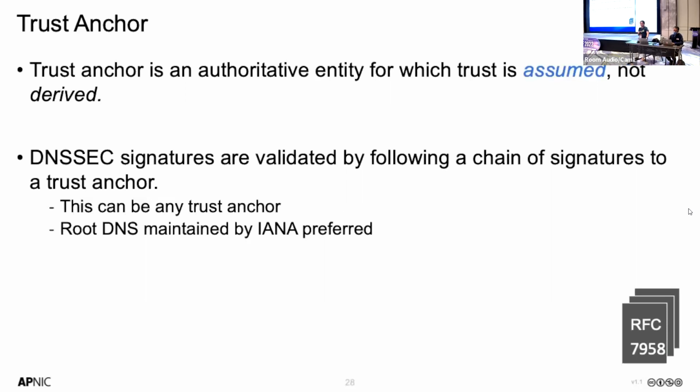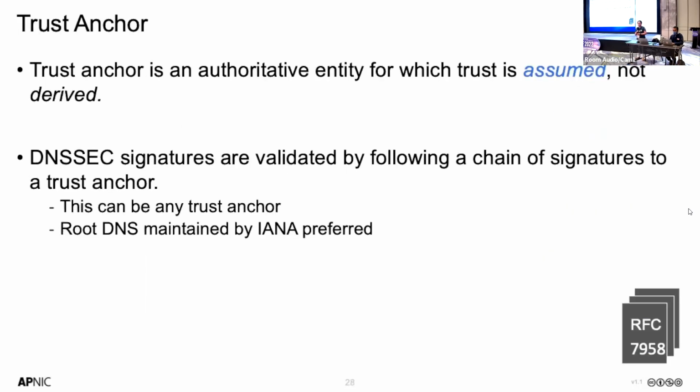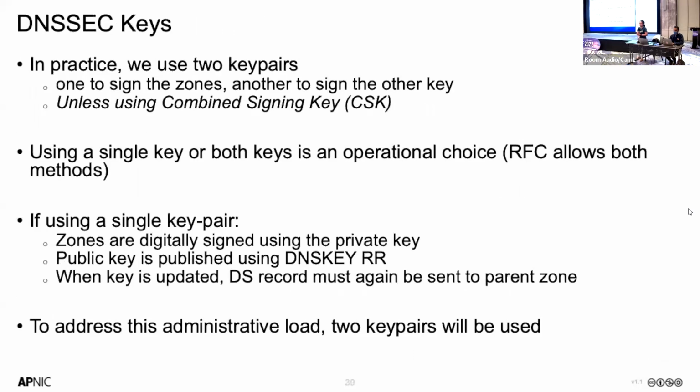DNSSEC signatures are validated by following a chain of signatures that leads all the way to this trust anchor. Questions so far? So that's an example of the root zone as a trust anchor.